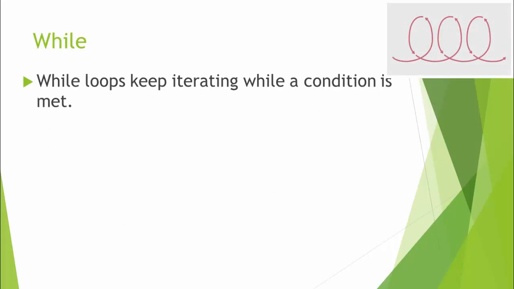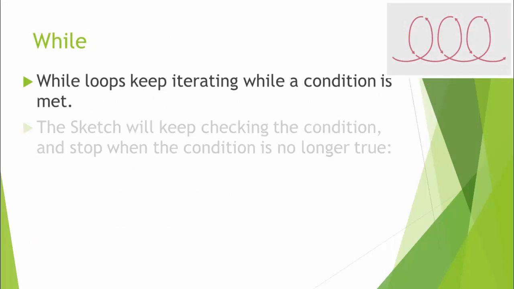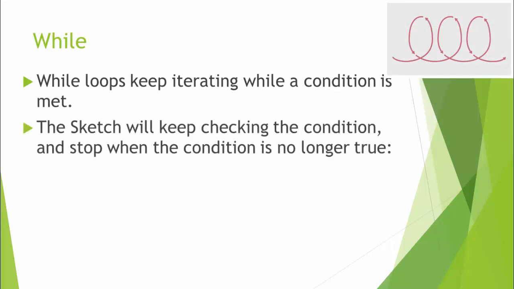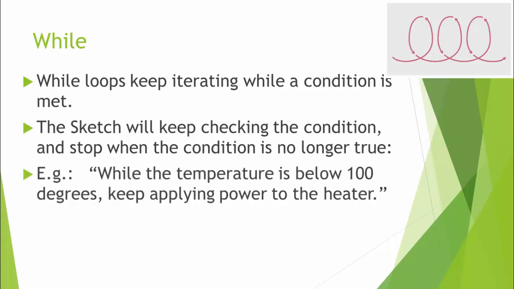So we do these things using what's called a while loop. So the while loop will keep iterating as long as a condition is met. So the sketch keeps checking the condition, and it keeps going, checking and checking and checking until the condition is no longer true. For example, while the temperature is below 100 degrees, keep applying power to the heater.